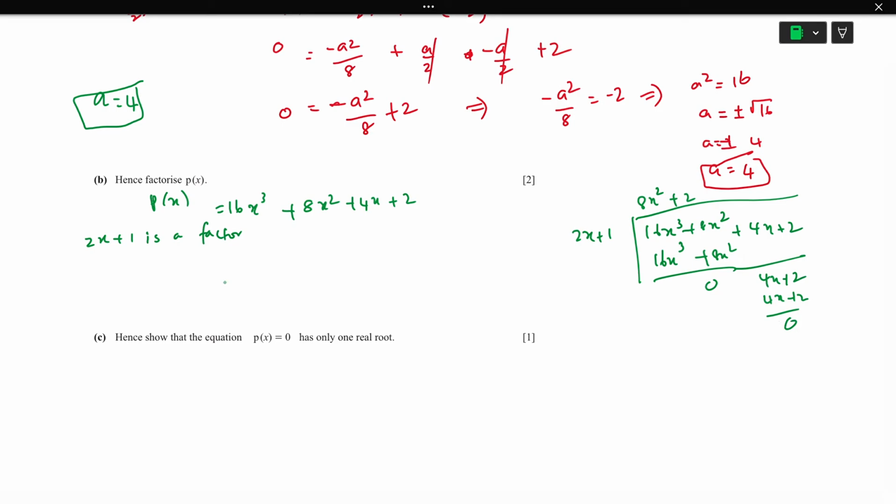So 2x plus 1 is a factor, and the other factor is going to be 8x square plus 2. This question is just factorize, so here we can do one more step. We can bring a 2 out from here: 2 into (2x plus 1) into (4x square plus 1). So these are the factors.